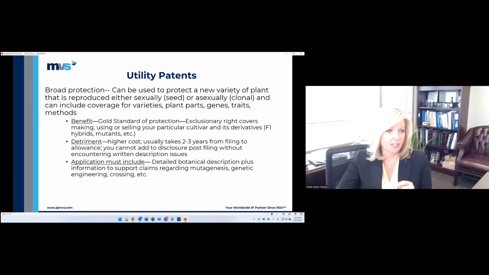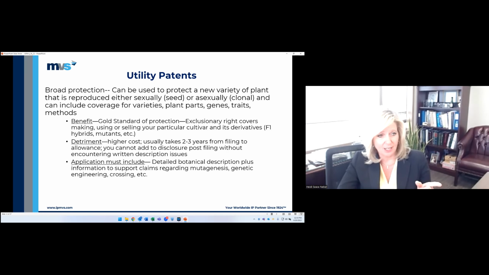The benefits of utility patents, as we said, they're the gold standard because you can have all different kinds of claims. You can claim generally about 2 generations out from your variety through crossing. You can get a claim to inserting transgenic traits, inserting additional traits. And we'll look at some of the claims that you can get for utility patents here in a second.